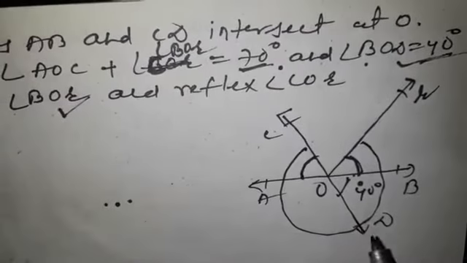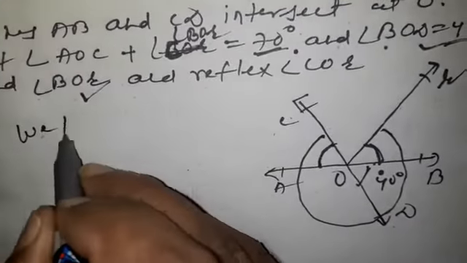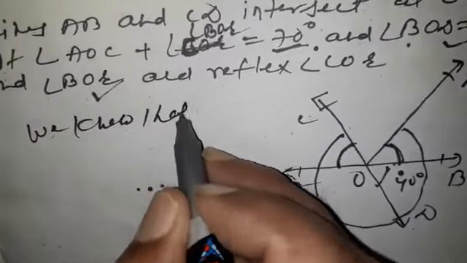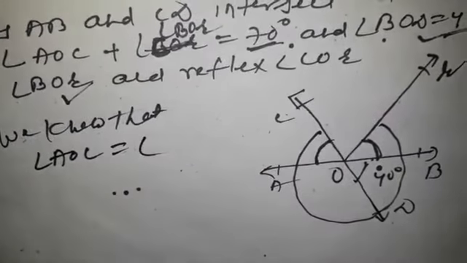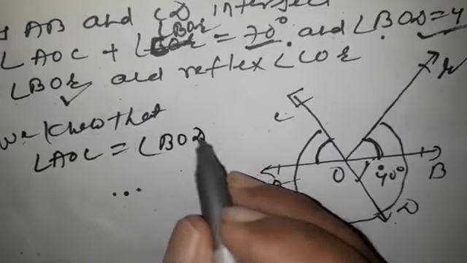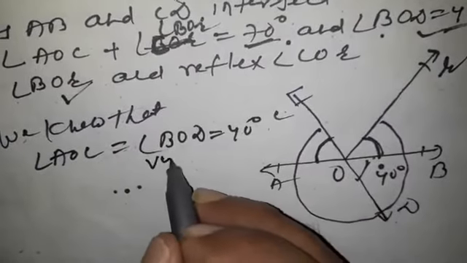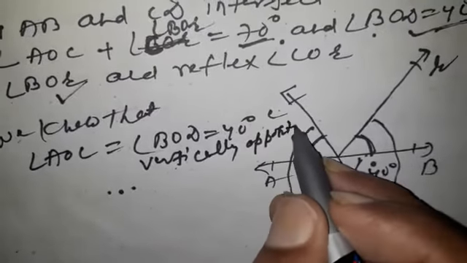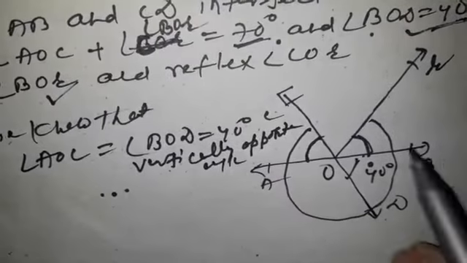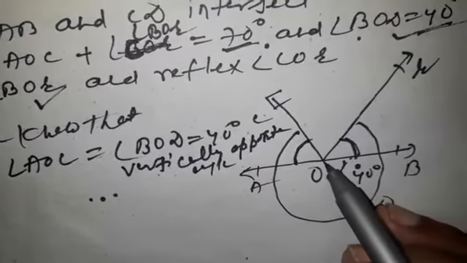So first we know that angle AOC is equal to angle BOD, which is 40 degrees, vertically opposite angles, because AB and CD intersect each other at point O.